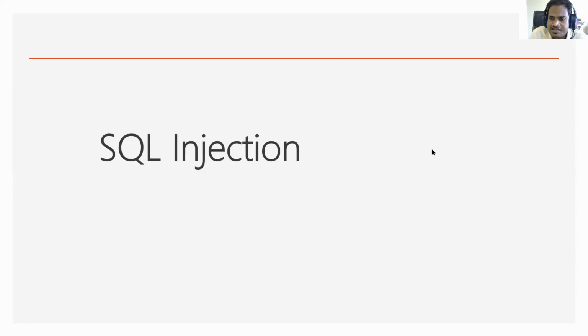That is exactly correct, Fahad. Injecting malicious query. So that is what basically we are going to learn in this particular course, how SQL injection happens and how we can protect our app from it.